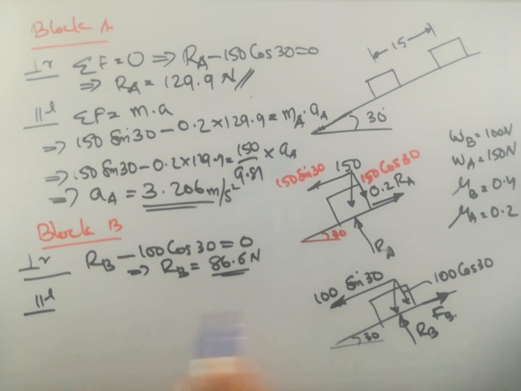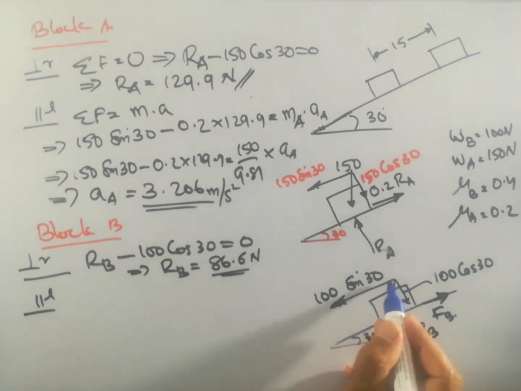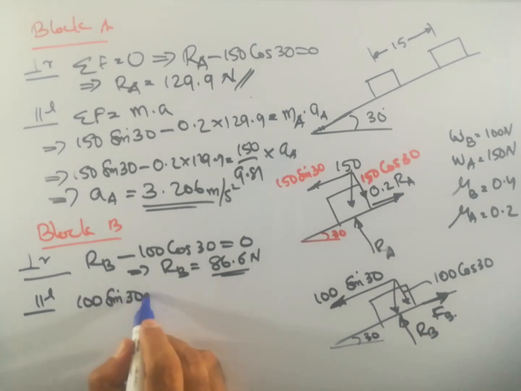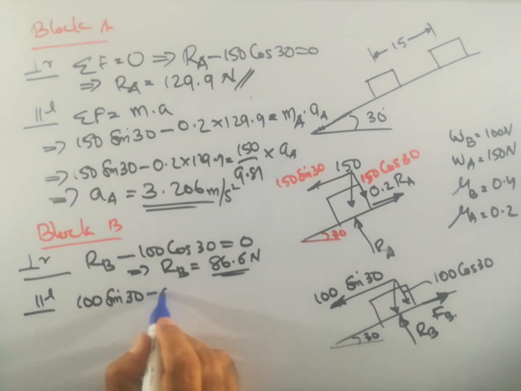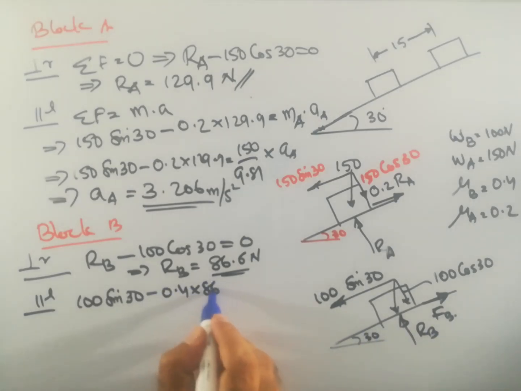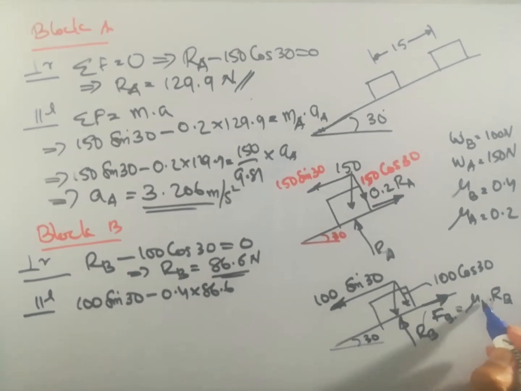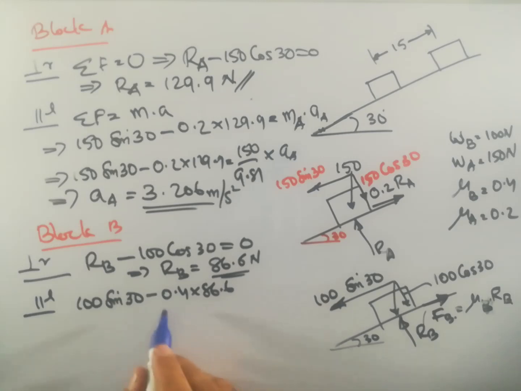What are the parallel forces? 100 sin 30 is taken as positive because it is acting in the direction of motion. So 100 sin 30 minus 0.4 into 86.6. What is that? FB. FB is equal to mu k into RB, or mu B into RB. So RB is 86.6, we already got it.